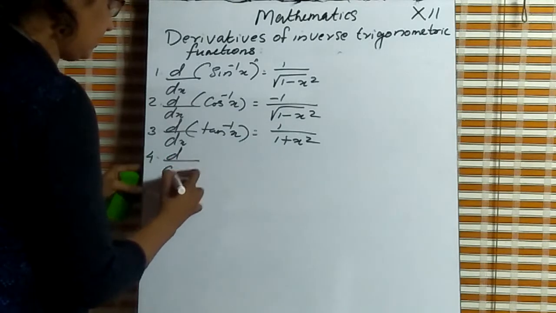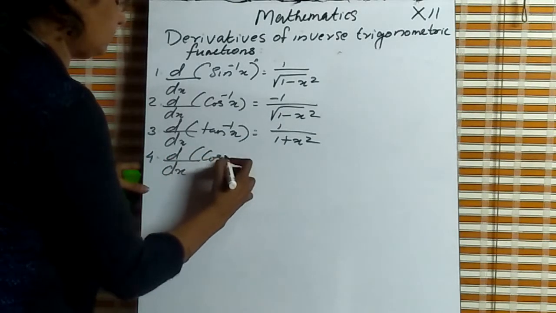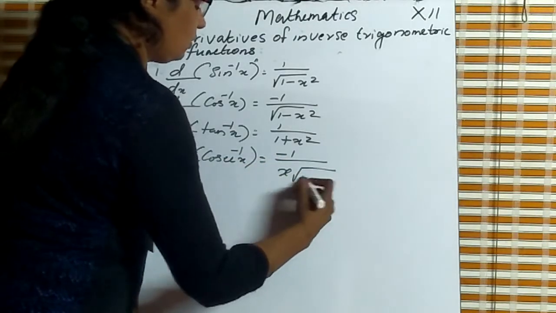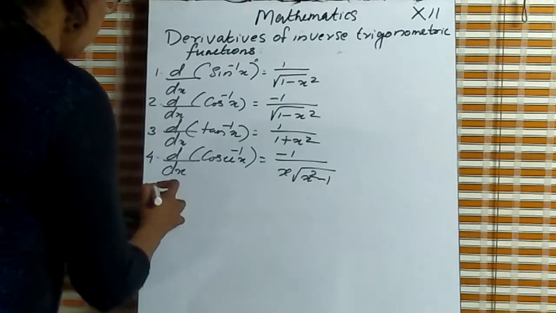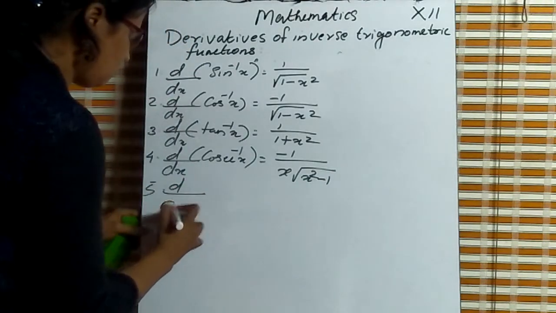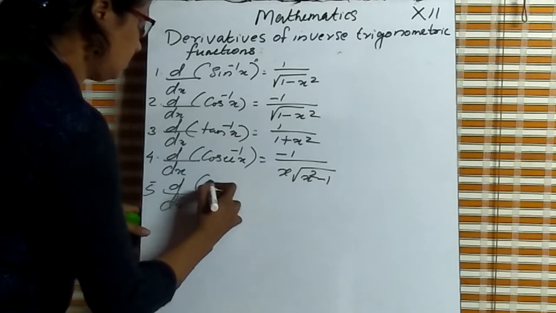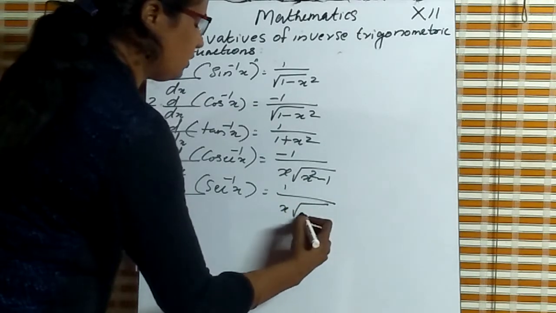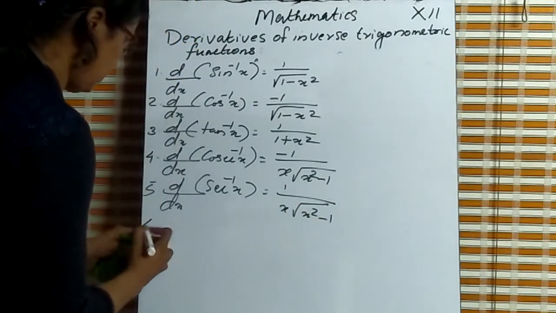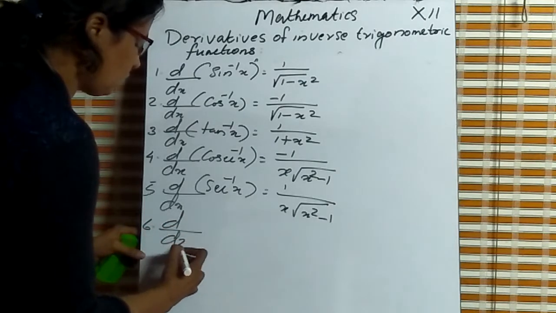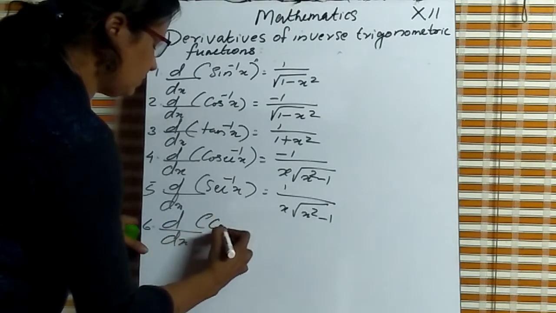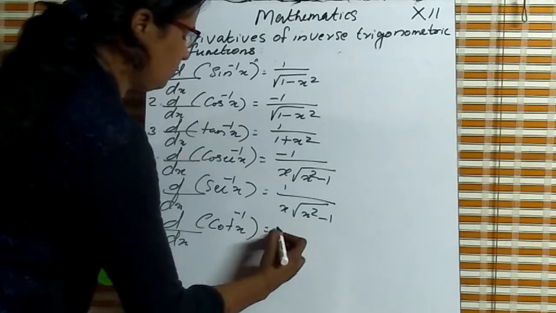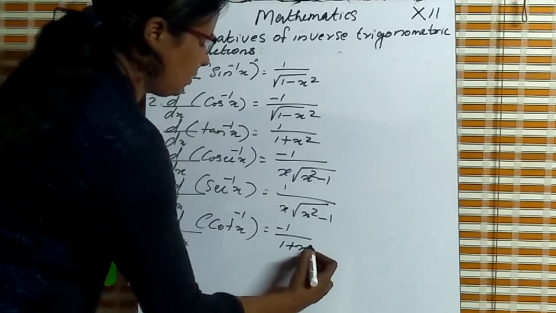Fourth, d by dx of cosec inverse x is equal to minus 1 by x into root of x square minus 1. Fifth, d by dx of sec inverse x is equal to 1 by x into root of x square minus 1. And sixth one, d by dx of cot inverse x is equal to minus 1 by 1 plus x square.